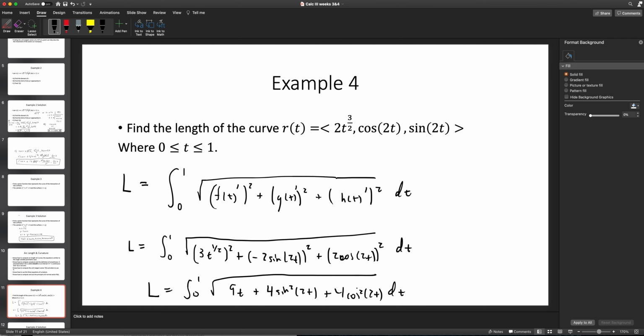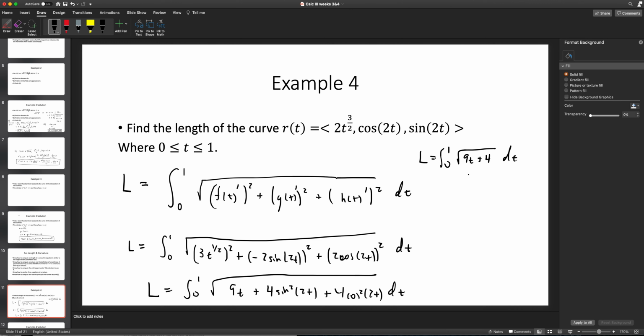If I factor out the 4, I'm going to have 4 times sine squared plus cosine squared, and sine squared plus cosine squared is equal to 1. So I'm just going to get 4 out of that. That definitely simplifies a little bit using a trig identity. We get the integral of the square root of 9t plus 4 dt.